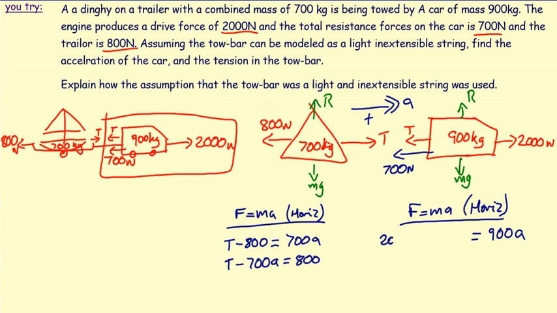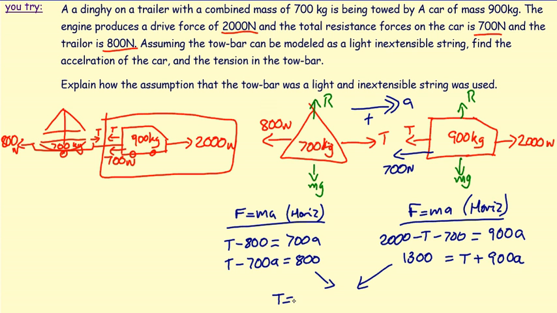This would be 2,000 minus T minus 700. So when we simplify this, that minus that is 1,300. And then if we add T to both sides, we get T plus 900A. Okay. So plug that into your calculator to solve that, because it's in the right form for your calculator.